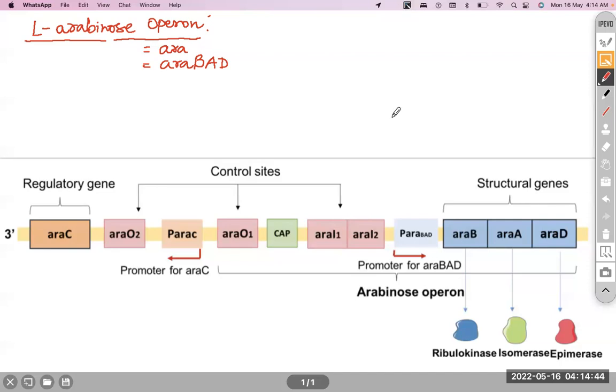For now, know that these three gene products catalyze L-arabinose into a pentose phosphate pathway product, that is D-xylulose 5-phosphate.